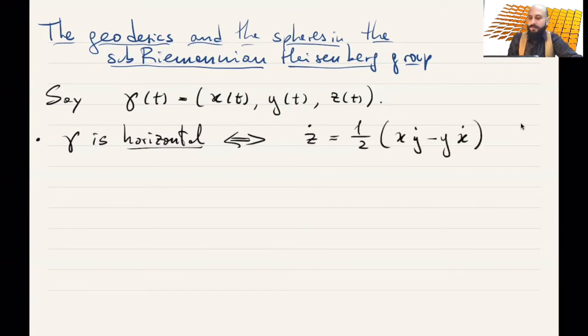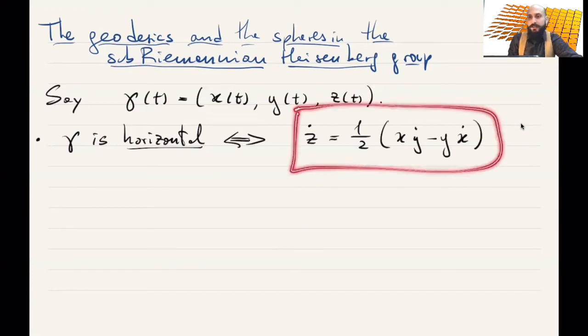In other words, this is how you write the fact that the tangent vector of gamma annihilates the contact form, which is the same as saying that gamma is tangent to the subbundle delta.